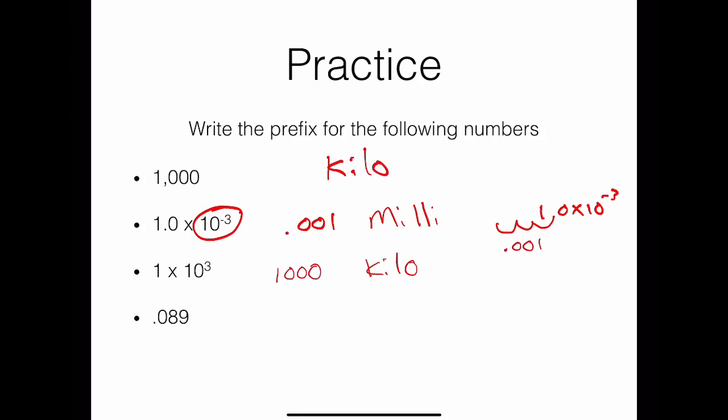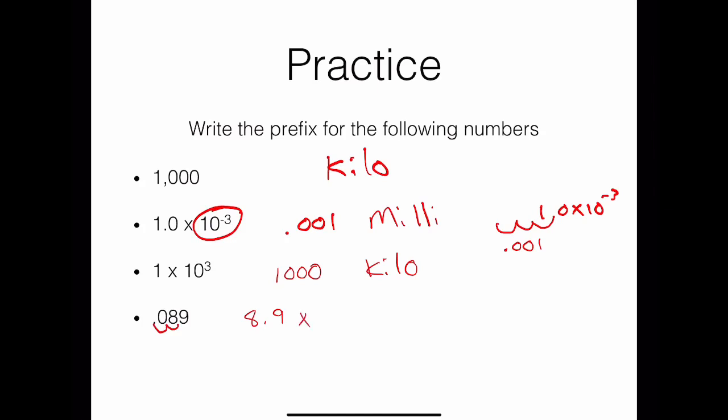In the fourth one, I have the number 0.089. So the way I want to look at this one is it might be easier to put it into scientific notation. So if we have the number 8.9 and we put this number into standard scientific notation, we want to see how many times we have to move it. 1, 2.